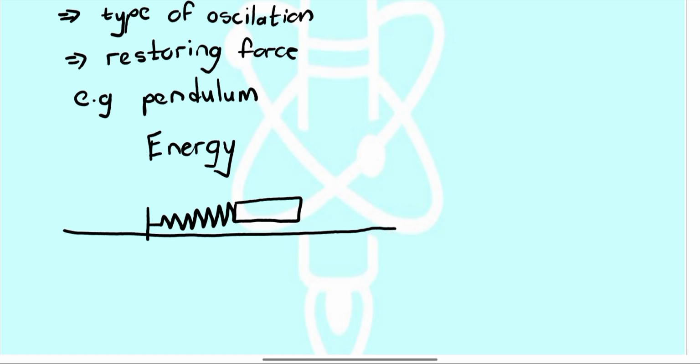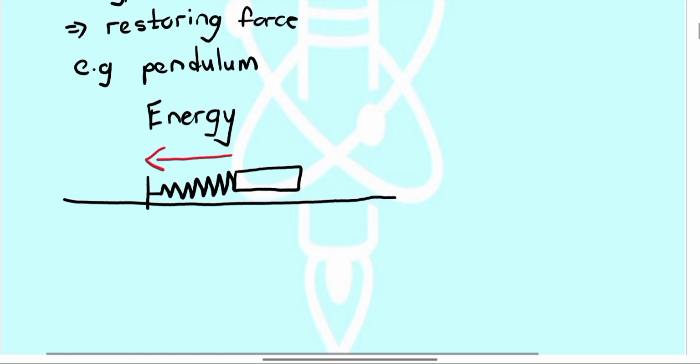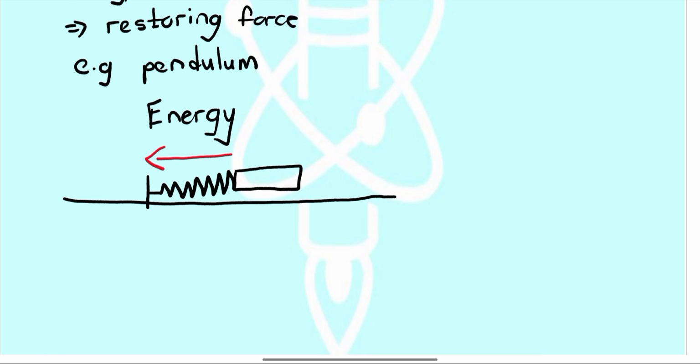Suppose that this spring is compressed like this. When the spring is fully compressed, it is not moving.